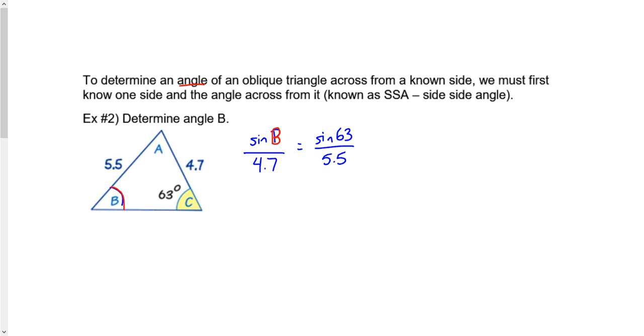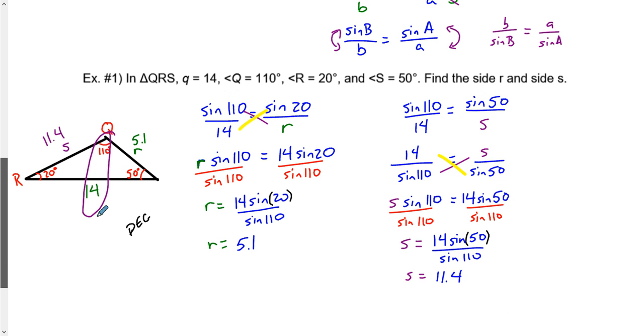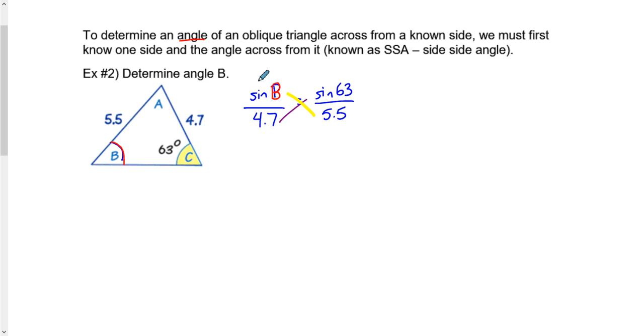I have to do my cross multiplication still. Personally, I like keeping my variable on the left, just as you've kind of seen in this one. I like keeping my variable over on the left-hand side, which means I usually do this calculation first, whichever has the angle in it. So 5.5 multiplied by the sine of b is going to equal 4.7 multiplied by the sine of 63.